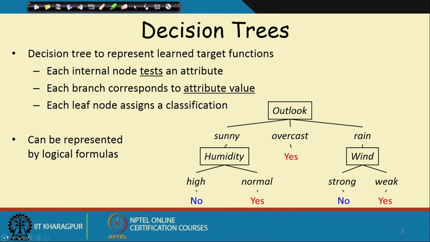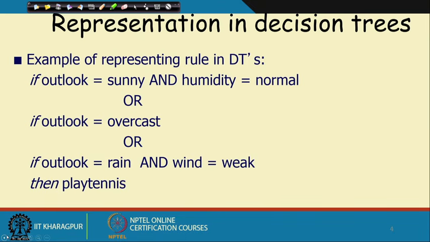Second, just try to see if there is a pattern in this rule that I have written. Think on it: how am I writing this if then rule?